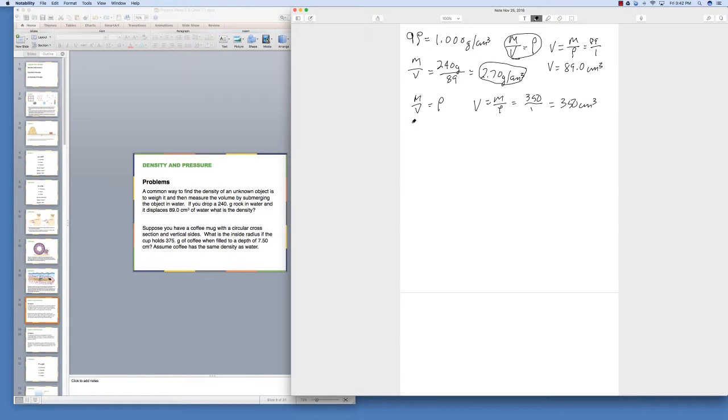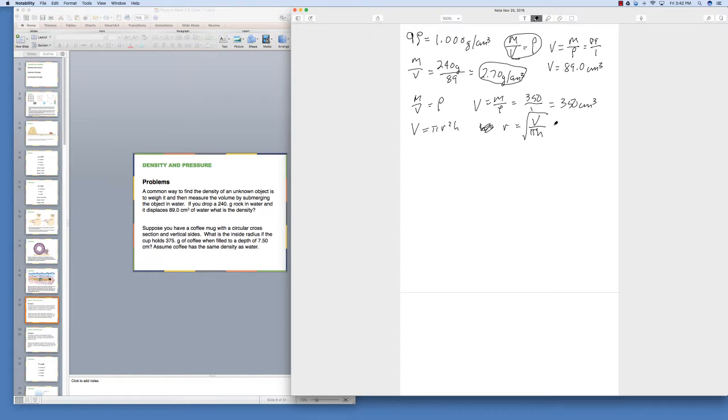We also know that the volume of a cylinder is pi r squared h, so r will equal the square root of v divided by pi h.